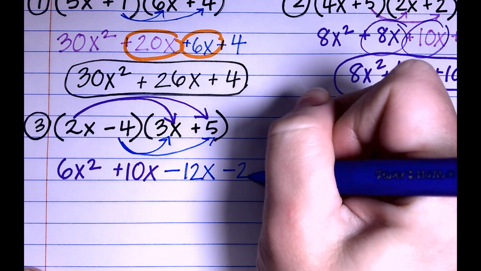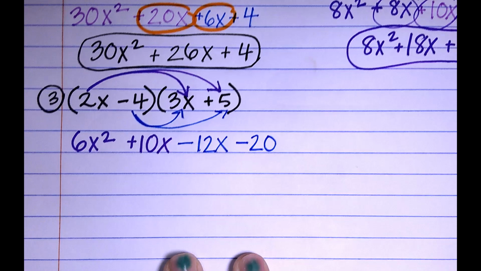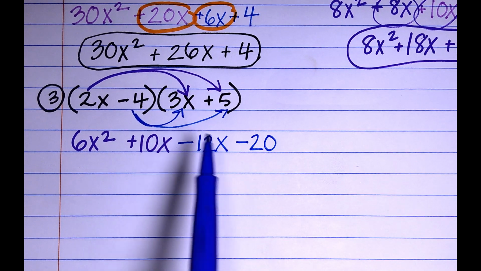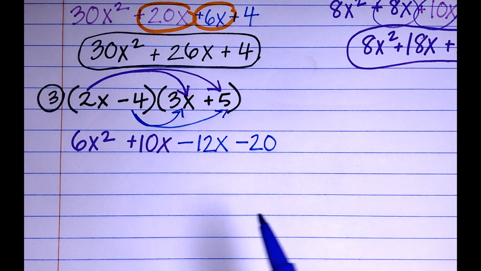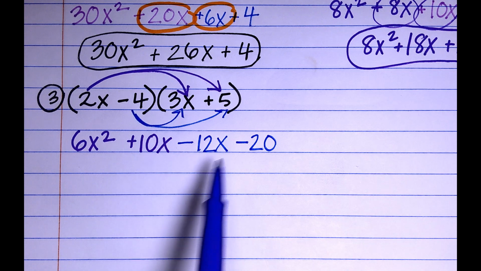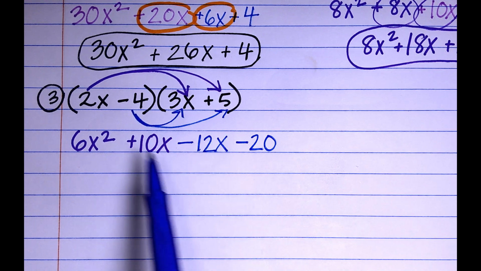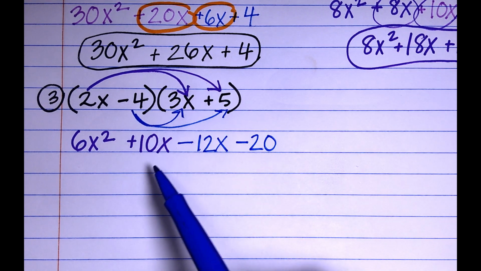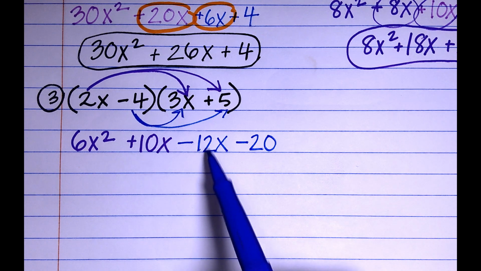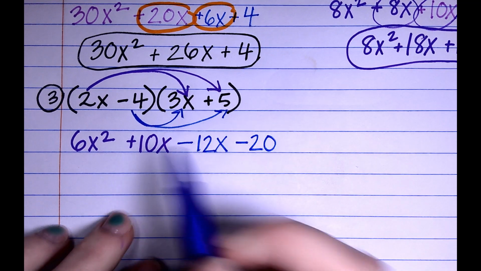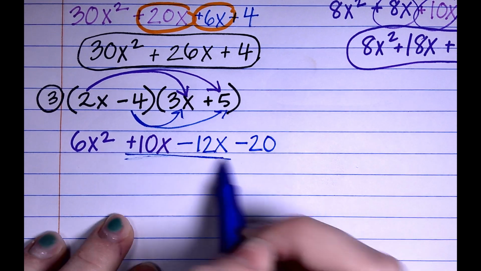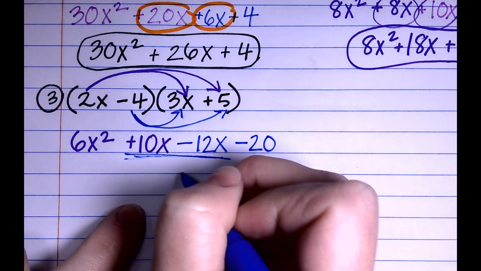Okay. And negative 4 times 5, negative 20. So now when we combine our like terms, we need to be careful because we have a subtraction problem. We're not adding them, we're subtracting. I have 10x minus 12x, negative 2x.